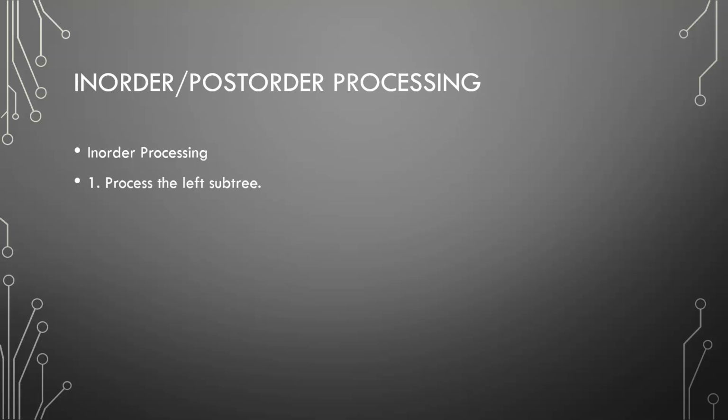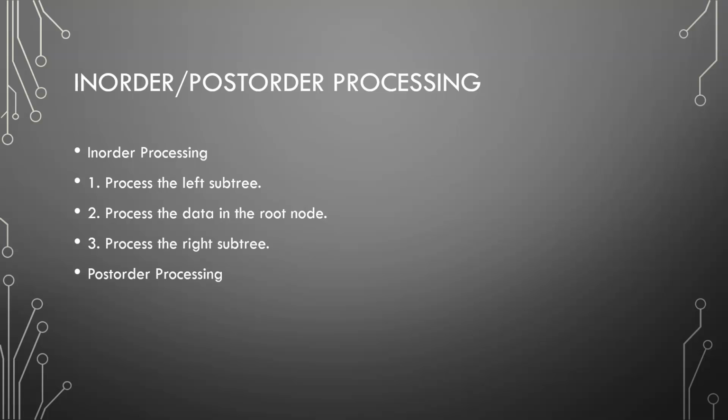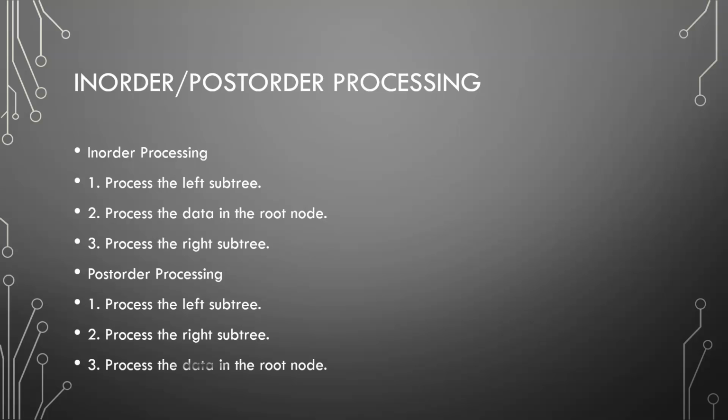We're going to process that left subtree first, then we're going to process the data within the root node, then we're going to process the right subtree. Then we do post-order processing, where we process the left subtree, process the right subtree, and then process the data in the root node. You'll notice that those are very similar, except in the order in which we process the data within the root node.